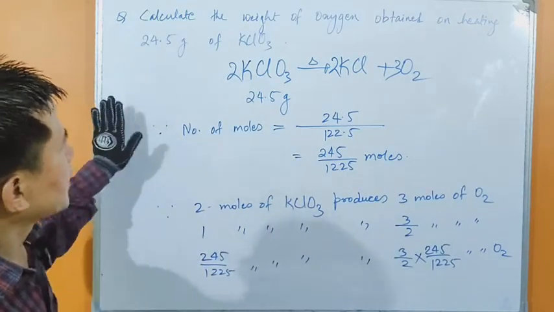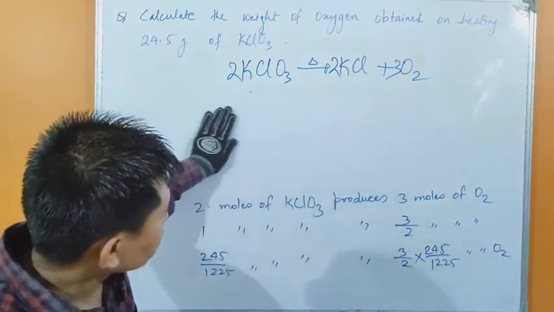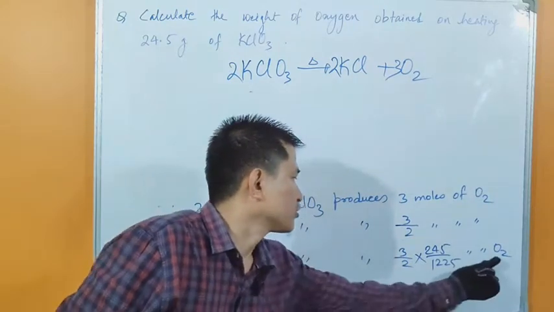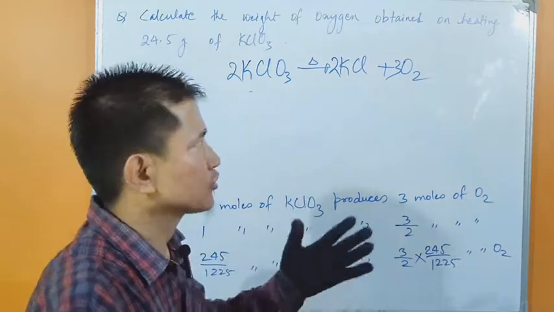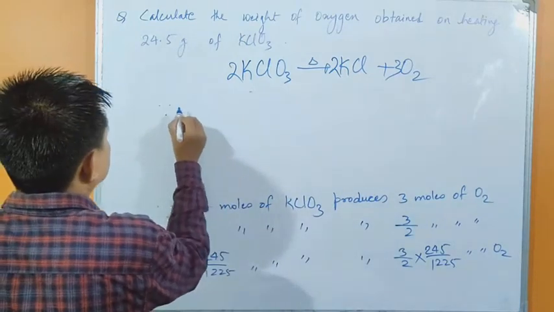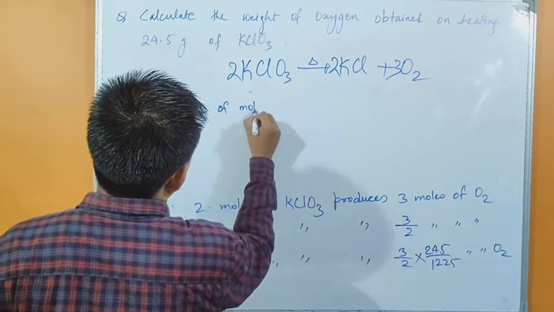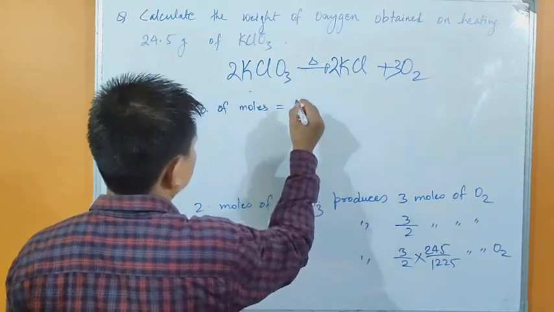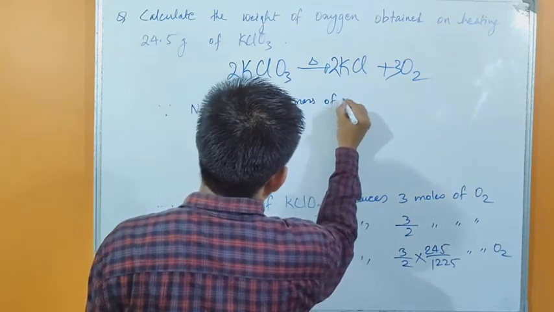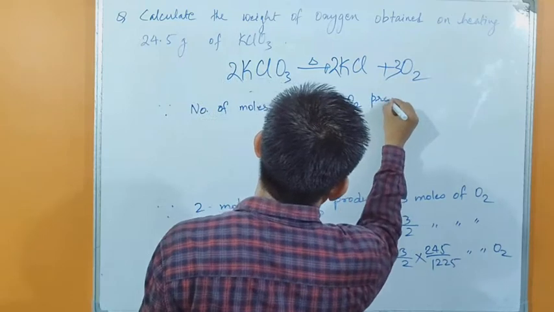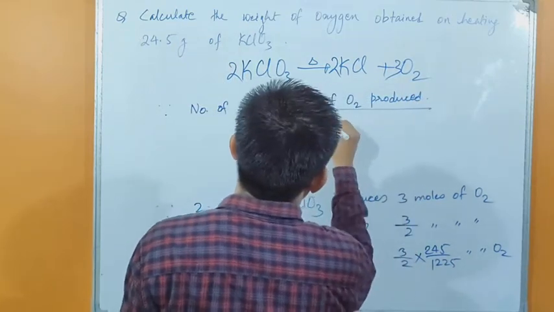I'm going to erase the upper part so that I get space to continue the sum. We found the number of moles of oxygen required, okay? Now I am going to find the weight of oxygen produced. Number of moles equals mass of O2 produced divided by its molecular mass.